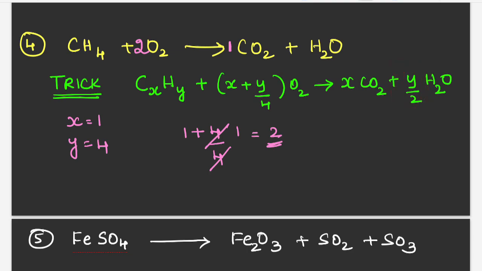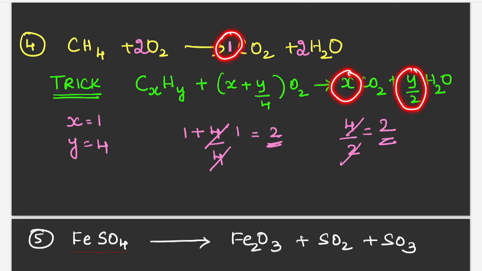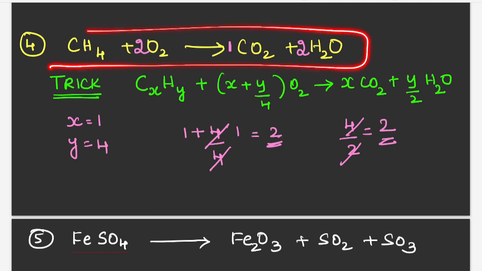What is the y value? y is 4, 4 divided by 2, you will get 2 as the answer. So I'll write 2 here. The x value is 1 and the y by 2 value is 2. Therefore this is the balanced equation.